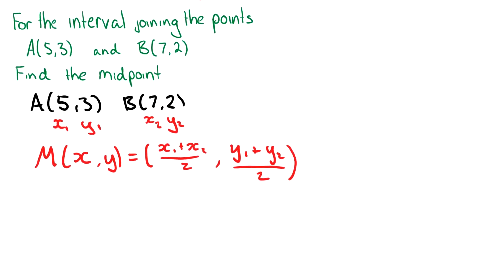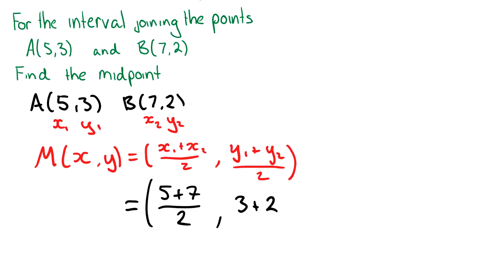And now we replace our x1, x2 with their values. So x1 was 5 plus my x2 value, which was 7, over 2. Then we get y1, which was 3, plus y2, 2, over 2.